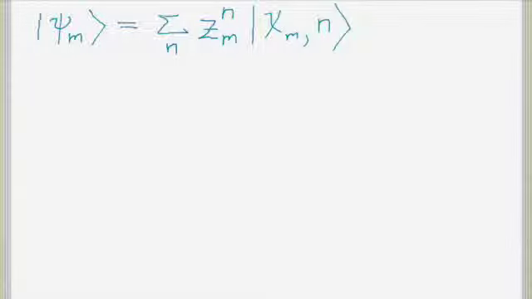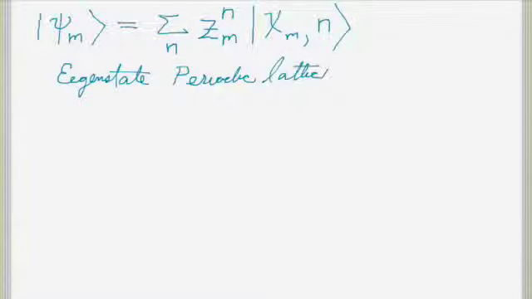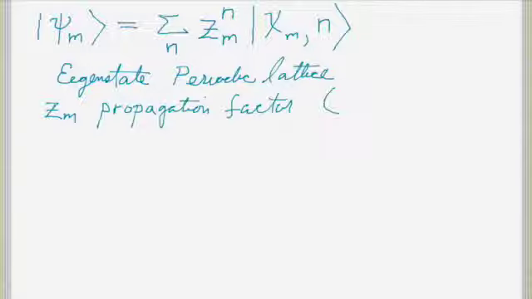This is for some particular eigenstate of a periodic lattice, just the general form of any eigenstate of your periodic lattice. So n is the atom index or unit cell index, whatever the periodic thing is that you're repeating. And Zm is your propagation factor. You can just think of it as e to the I ka for a propagating state.